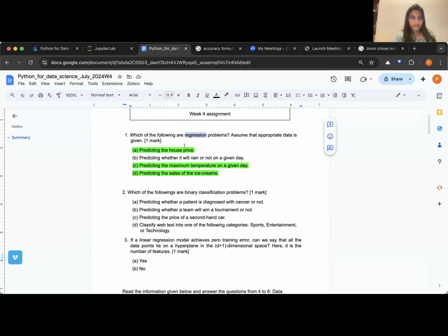So you just have to see which of these are classification problems and which are regression problems. So this is a classification problem.